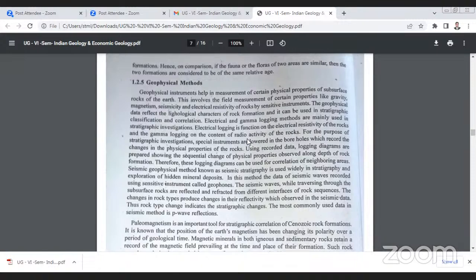One more thing: electrical and gamma logging methods are mainly used in stratigraphic classification.